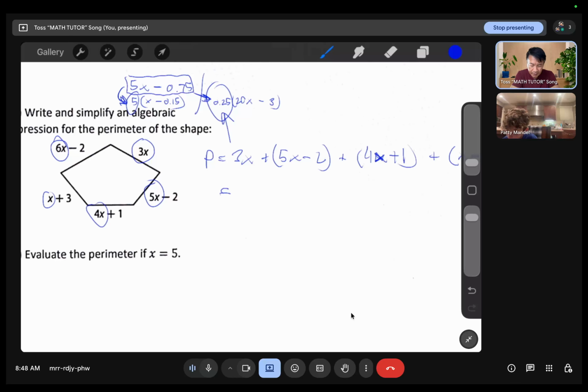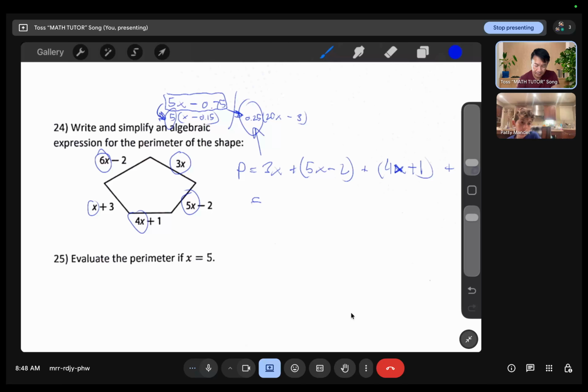Okay, so I have a different answer for the x term. 90. Are you sure? It shouldn't be that big. If you add 3x, 5x, 4x, x, and 6x, I'm doing the x first, then we'll do the constant later.